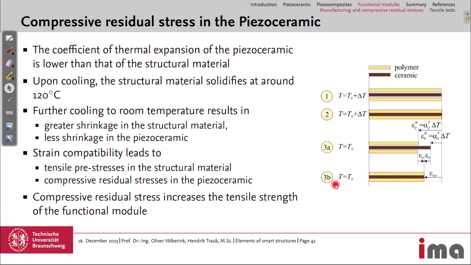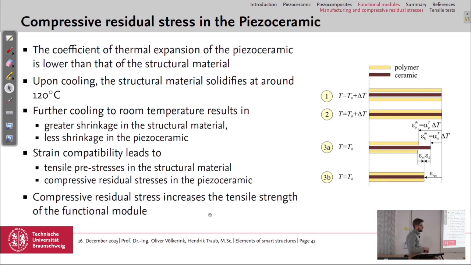And this compressive residual stress increases the tensile strength of the functional module overall. So this is the reason why you can bend the functional module without breaking it, whereas the brittle ceramic alone would just break.